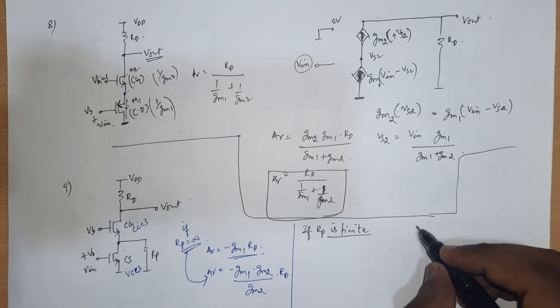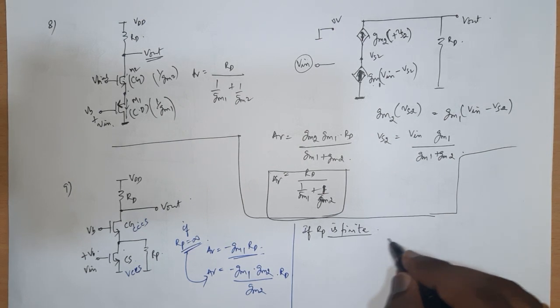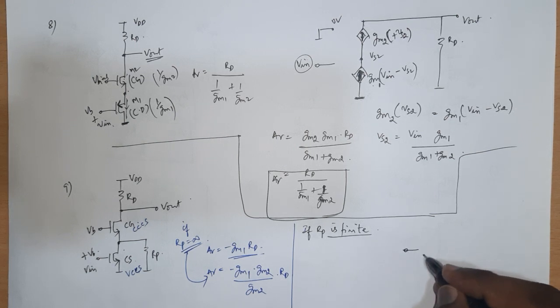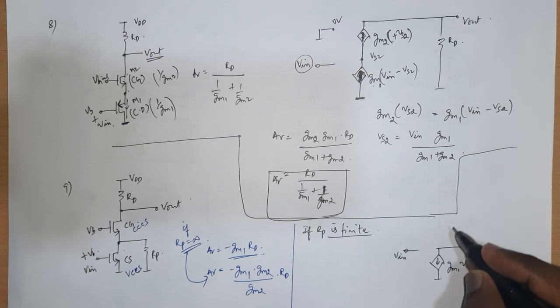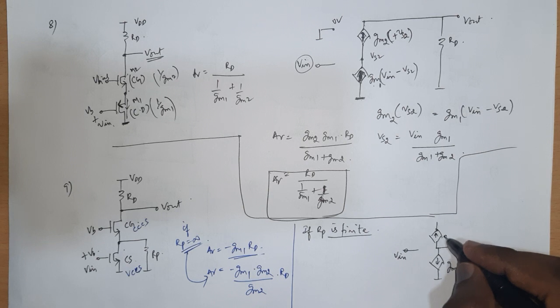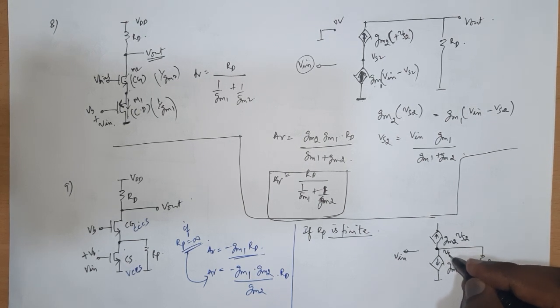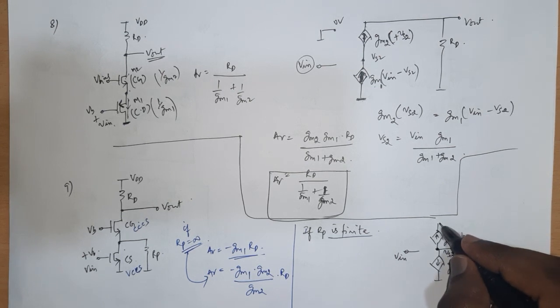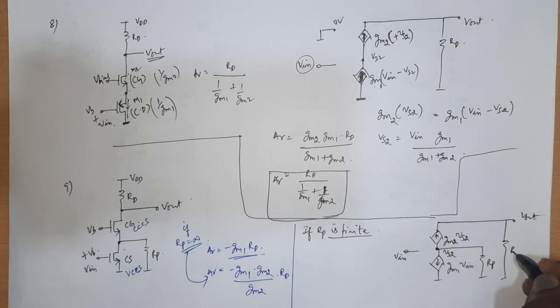So again, let's go with the incremental analysis. If you put down the incremental picture, I have some Vin applied here, and I have a current source of value gm1 times Vin, and of course I have RP here, and I have another current source of value gm2 times Vs2, where this node is Vs2. And I have an output Vout here and RD appearing here.